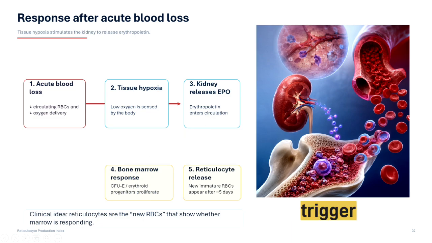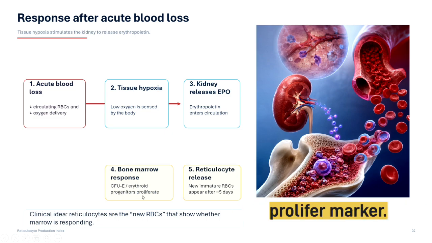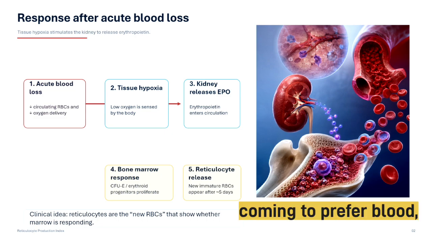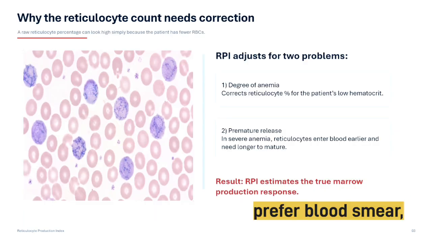Erythropoietin triggers the bone marrow response by CFU-E, or erythroid progenitor proliferator marker, and finally reticulocytes, which are new immature red blood cells that should stay in the marrow and, after maturation without nuclei, come into the peripheral blood smear, abruptly released into the peripheral blood smear.